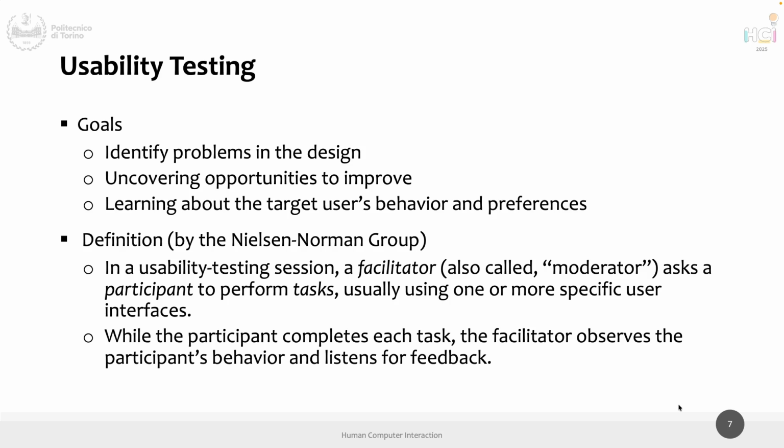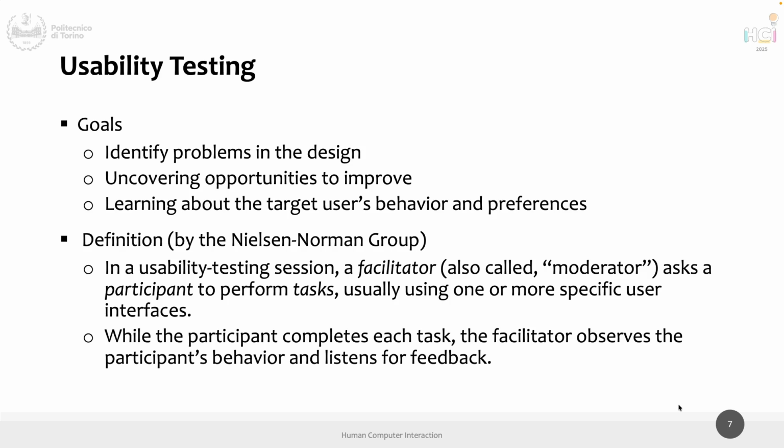So, ingredients: we have a session, where we have one facilitator, one participant, and a set of tasks using one or more application systems. And so the facilitator will be you, in a way, the one that moderates, the one that facilitates the session and helps participants navigate the entire session and the entire testing.